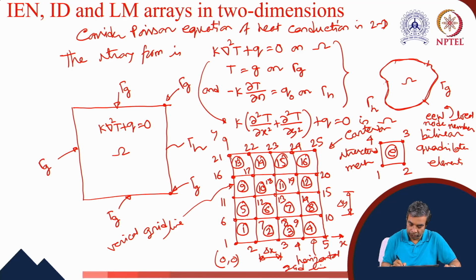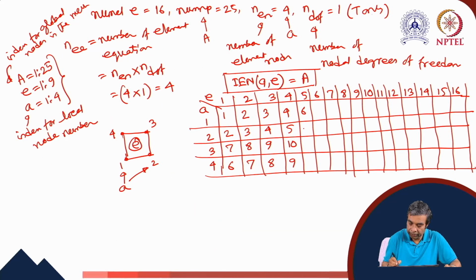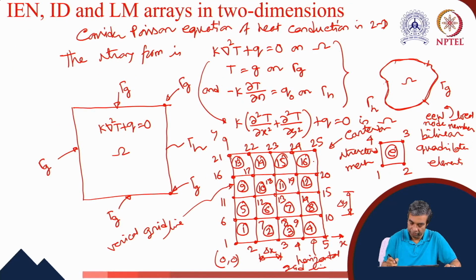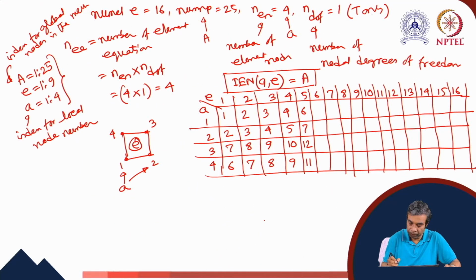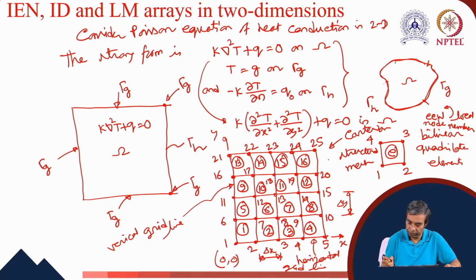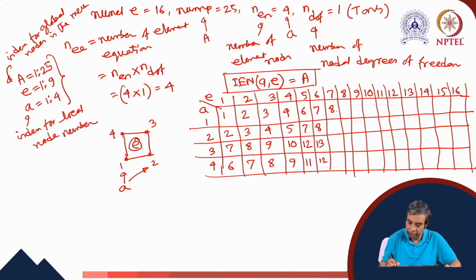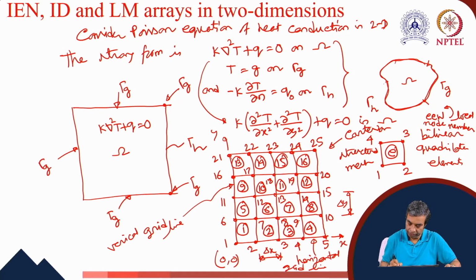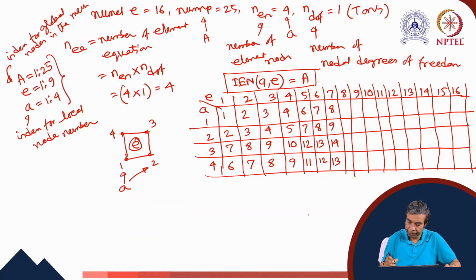Similarly, we have 6, 7, 12, 11. Then 7, 8, 13, 12. Then 8, 9, 14, 13. Then 9, 10, 15, 14.